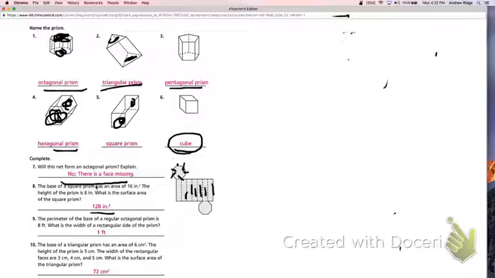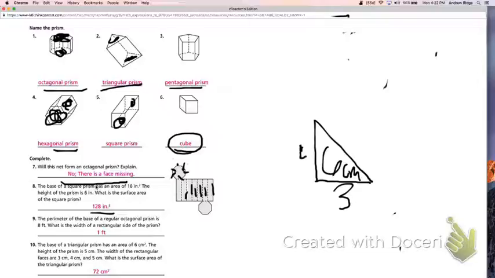So I'm just going to draw the net. The base of a triangular prism has an area of 6 centimeters squared. The widths of the rectangular faces are 3, 4, and 5.